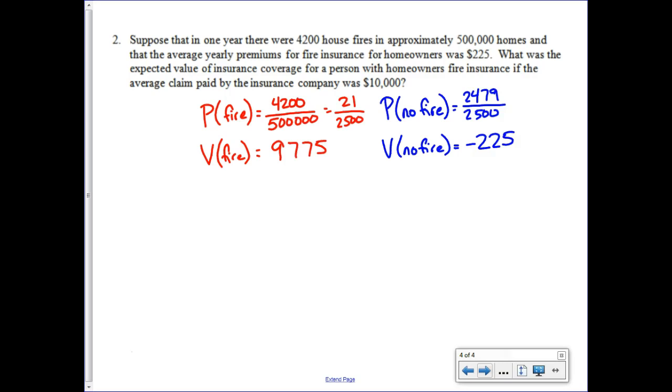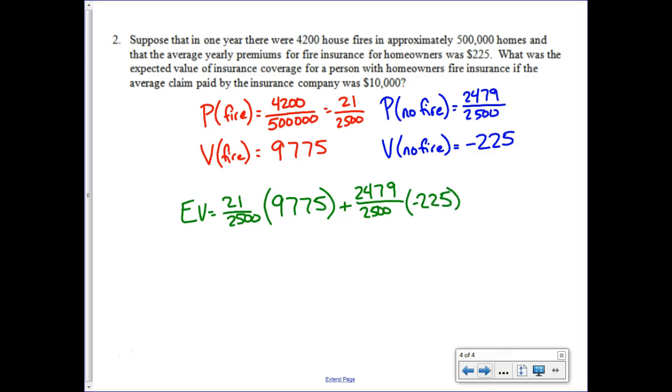So then your expected value is 21 over 2,500 times 9,775 plus 2,479 over 2,500 times negative 225. So type that in your calculator.